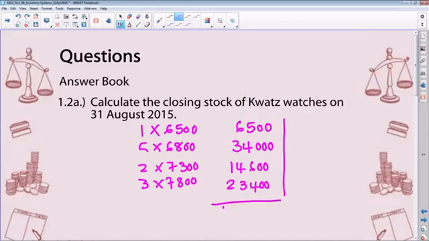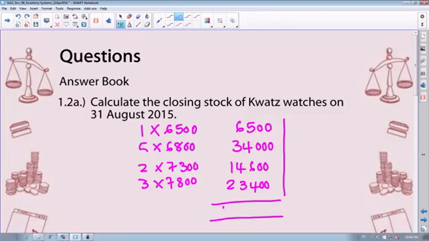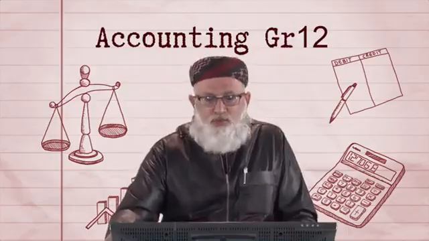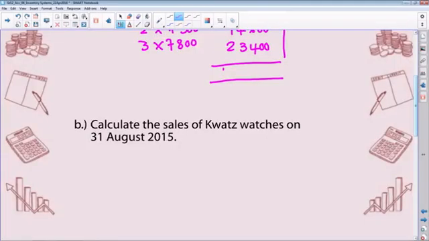Obviously, that would be the total value of your closing stock. Now, what was important for you to see in this particular calculation was the fact that you had to specifically identify which stock item was bought and sold to determine what you have left over. Okay. Then we had to calculate the sales.